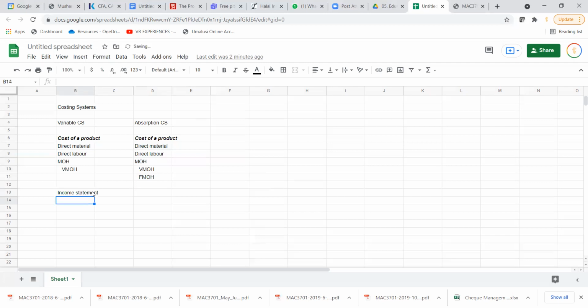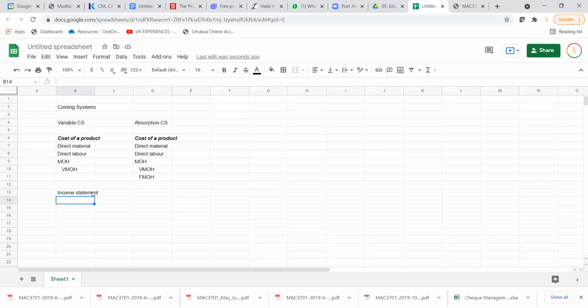Remember, for those that just joined, tonight's class is about understanding variable costing versus absorption costing. Why? Because this filters through almost every topic within MAC3701.